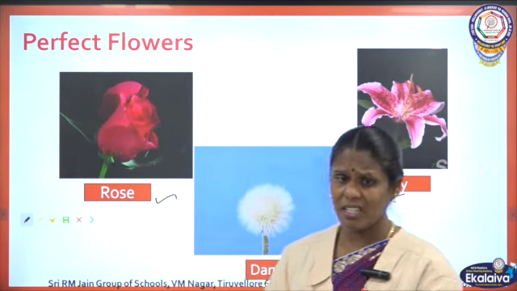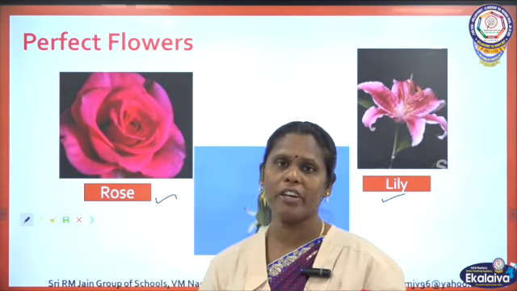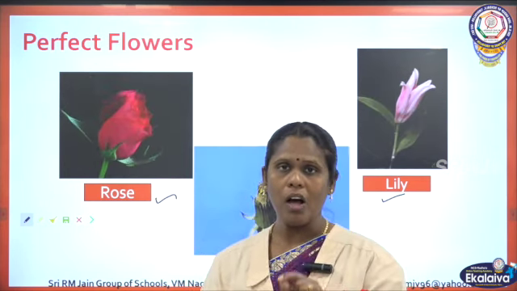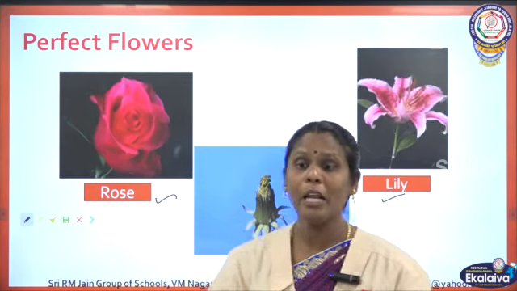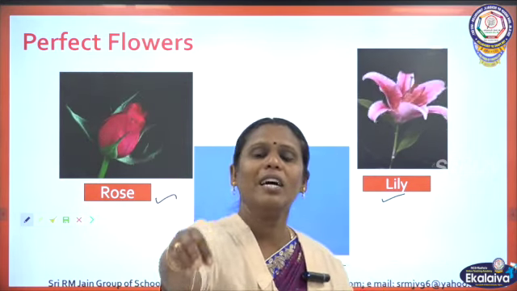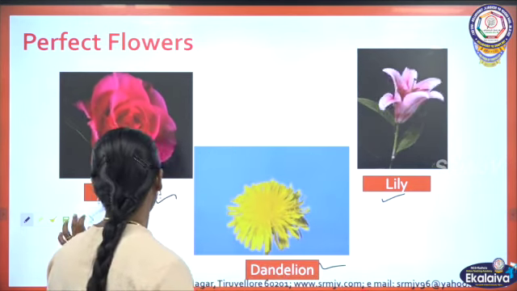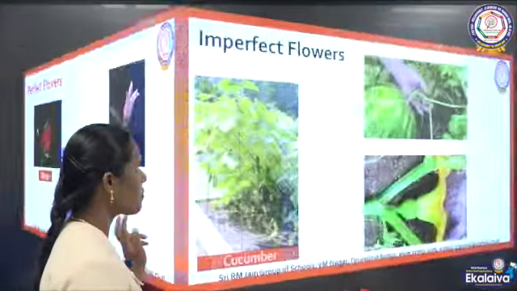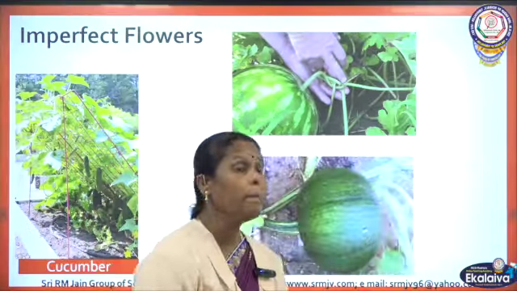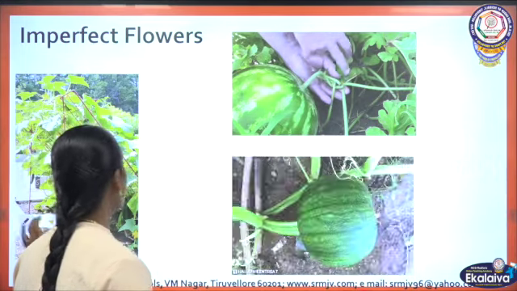Now, we dissected hibiscus, no? The hibiscus is also a perfect flower. Why? Because male and female part are present in the same flower. So, that is called perfect flowers. Next, imperfect flowers. What is imperfect flowers?